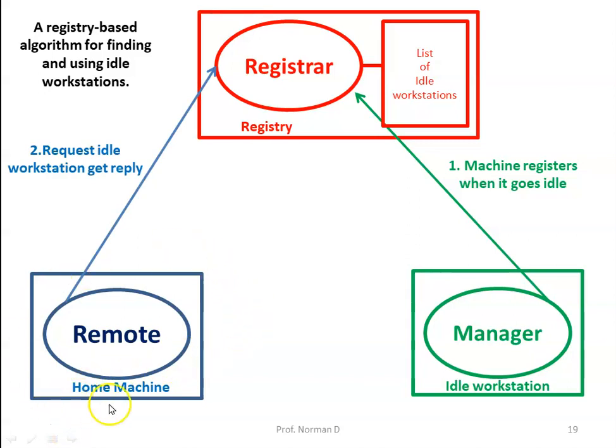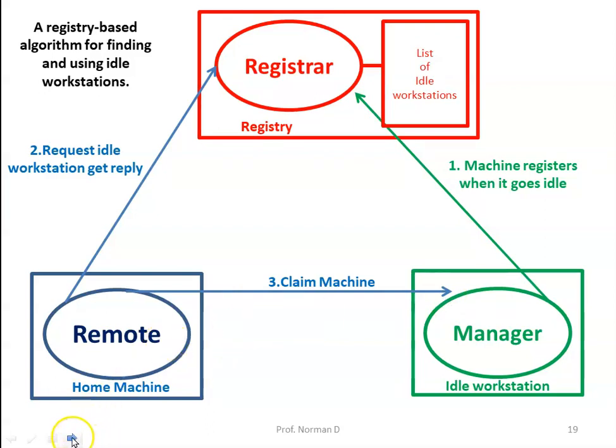Now there are other processors, other users which want to execute their jobs on the idle workstation. So these remote machines will request the registrar to find out which are the idle workstations, and obviously they will get a reply from the registry. Once it has got a reply, it will claim that particular machine.